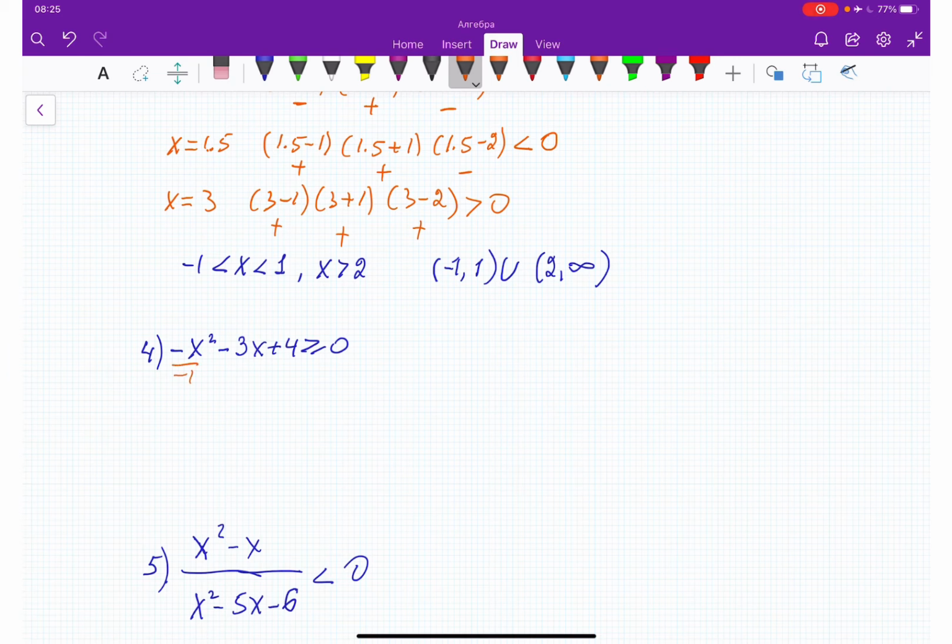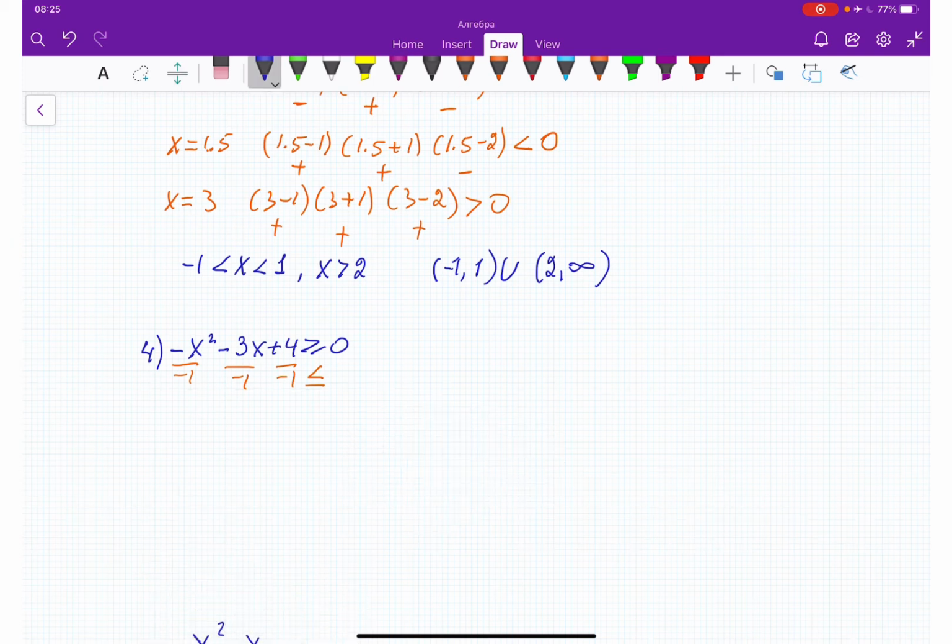Dividing by negative 1, it's going to affect the sign also. It's going to flip. So we will get x squared plus 3x minus 4 less than or equal to 0.